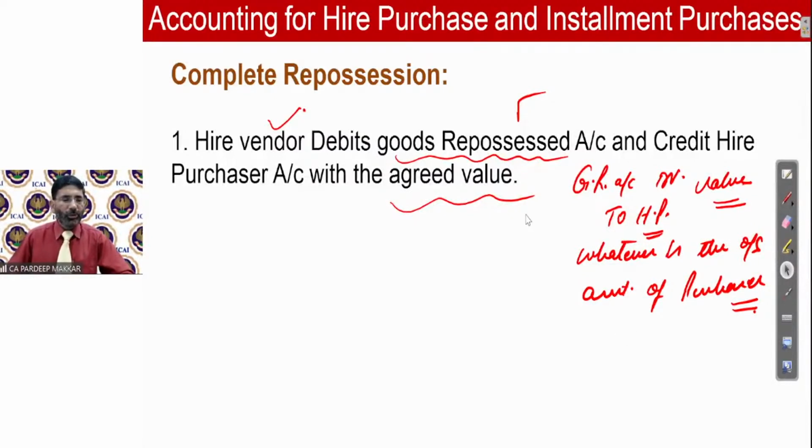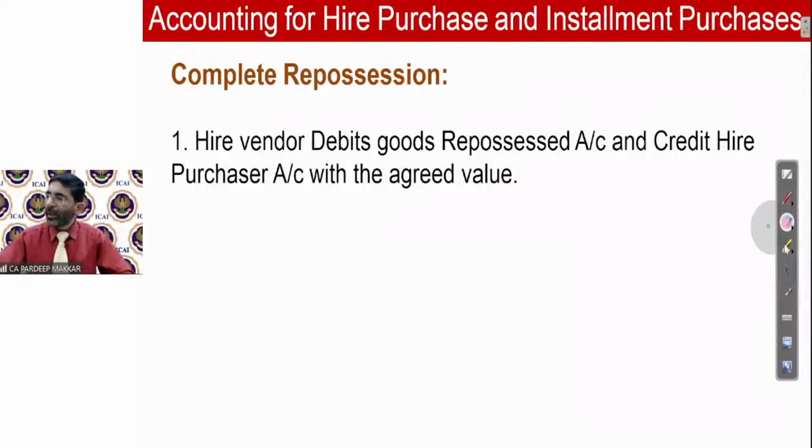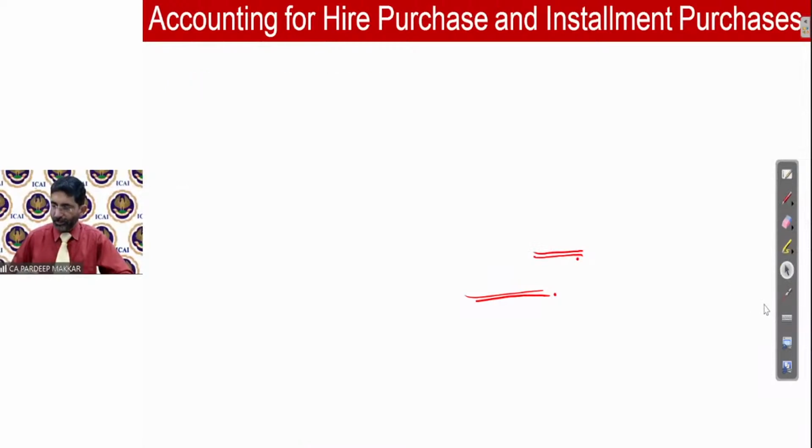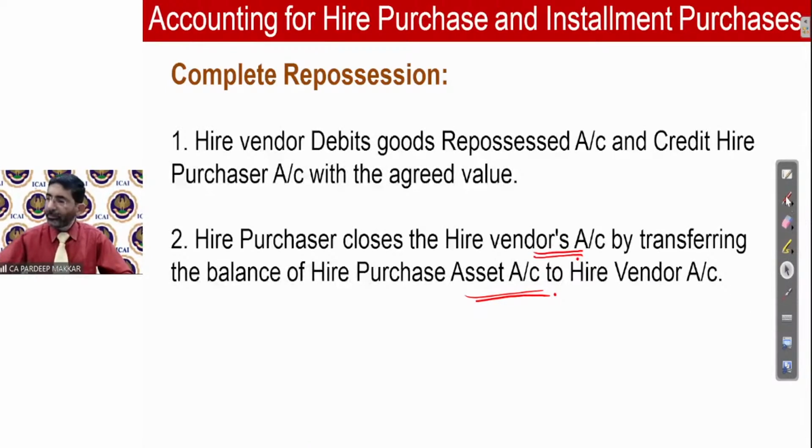Very good. See, in the case the purchaser is there, he will pass an entry just like a purchase return, and for that purpose he will close vendor account by way of transferring it to the asset account. Now we know that hire purchase is just like a purchase return for me.